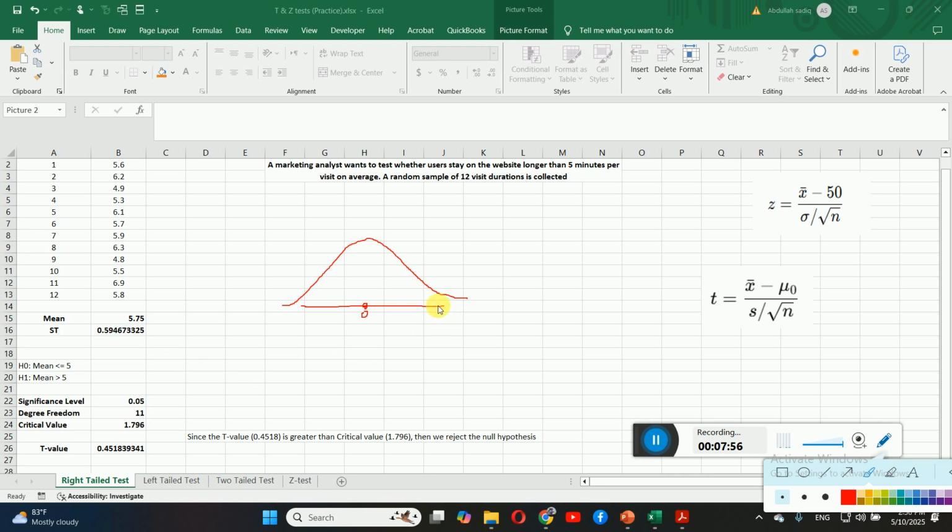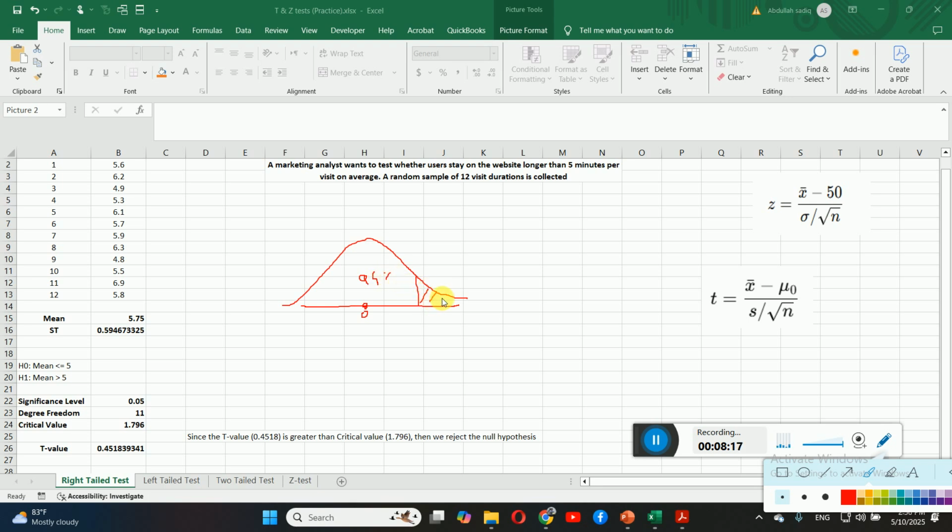And now the critical value is 1.7. For the 0.05 significance level, the confidence interval is 95%. So this is the 95% region, and this region is the 5%.